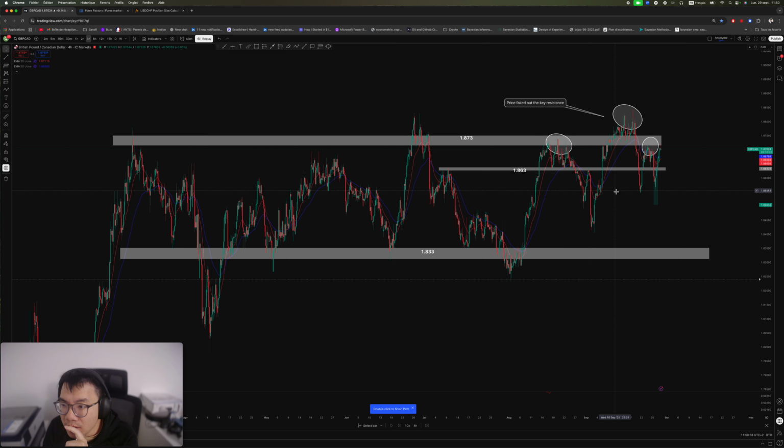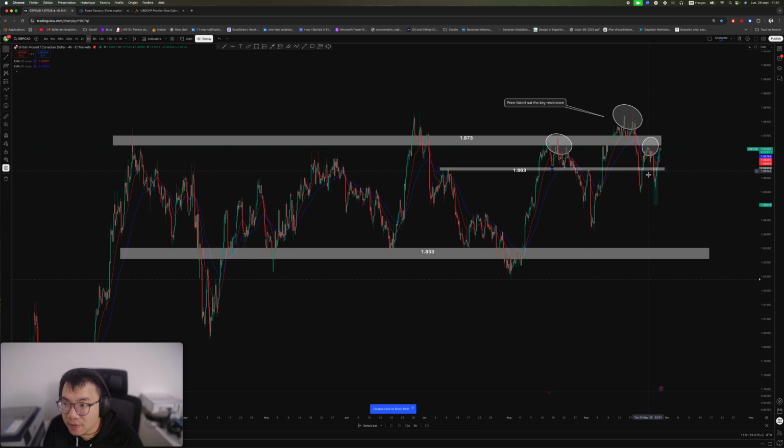Maybe there is one signal that I should have considered in this setup: price already broke under this intermediate level before, just 2 weeks ago, but the momentum didn't continue.